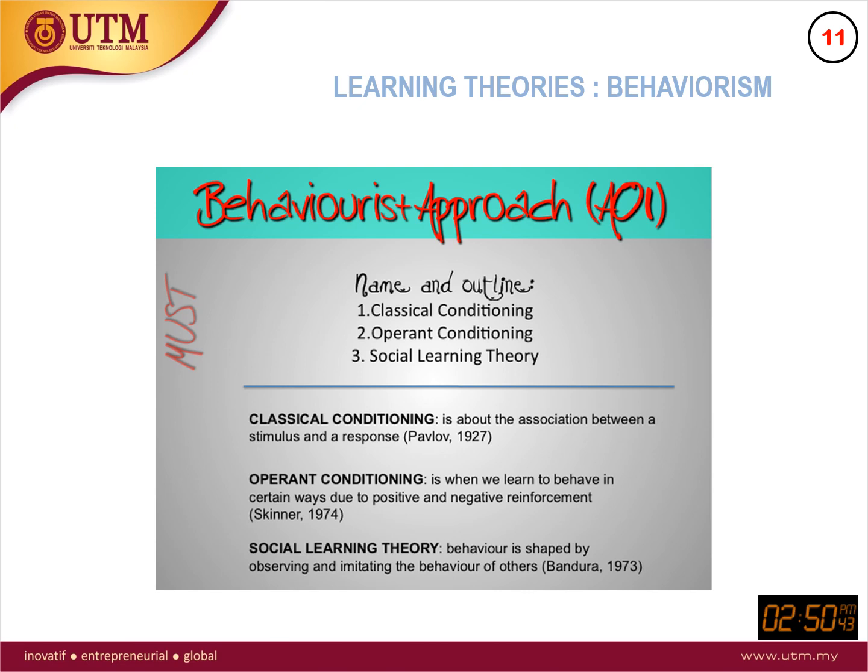And then we have the social learning theory, the work of Bandura: behavior is shaped by observing and imitating the behavior of others. So these are the three terms related to behaviorism, and we must learn how to differentiate between each one of them.